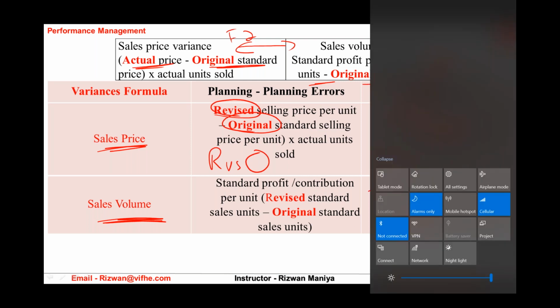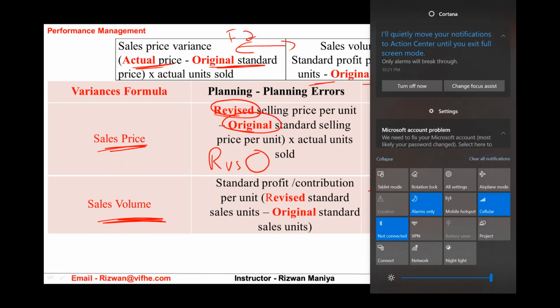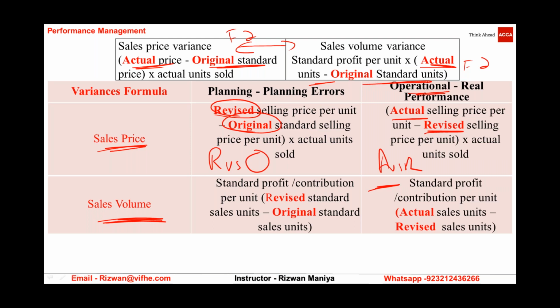Getting the point? What you learned in cost will be opposite in sales. In cost, the planning was O versus R. Here, the planning is R versus O. In cost, the operational was R versus A. But in sales, the operational is A versus R, actual versus revised.